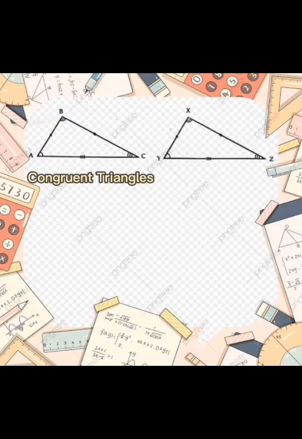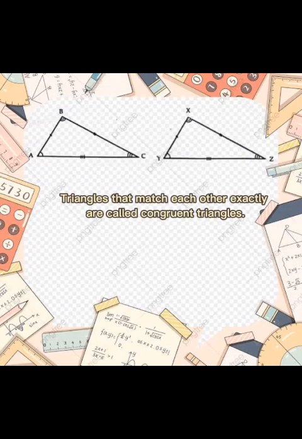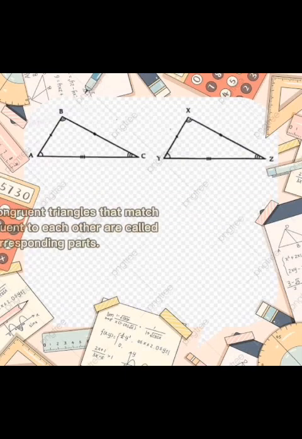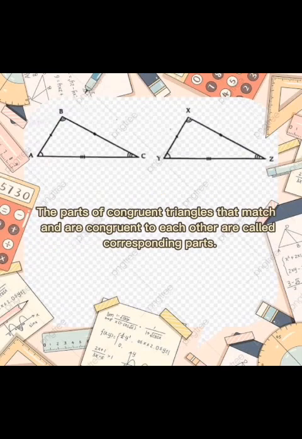Congruent triangles. Triangles that match each other exactly are called congruent triangles. The parts of congruent triangles that match and are congruent to each other are called corresponding parts.